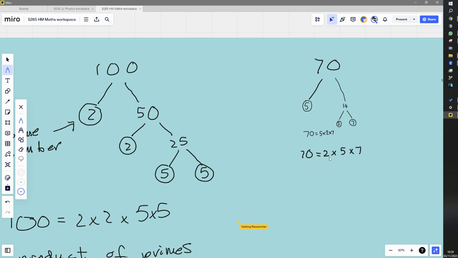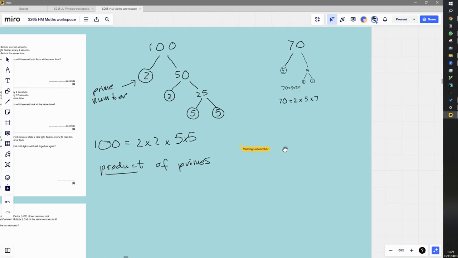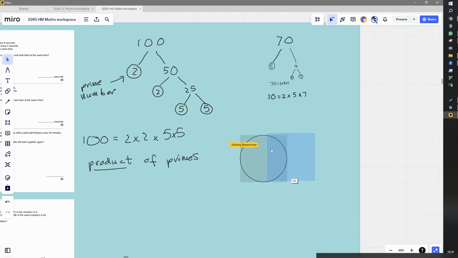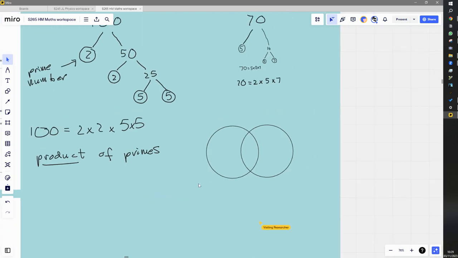So now what do we do with this in order to find the highest common factor and the lowest common multiple? You do something called a Venn diagram. You may have seen these before. Let's say we've got two things like A and B, and I'll just do it with the examples we're looking at right now, 100 and 70.